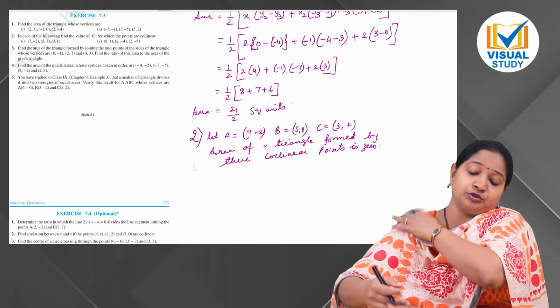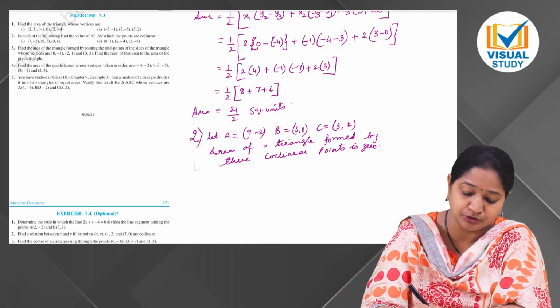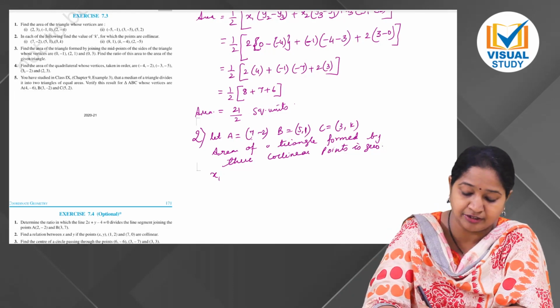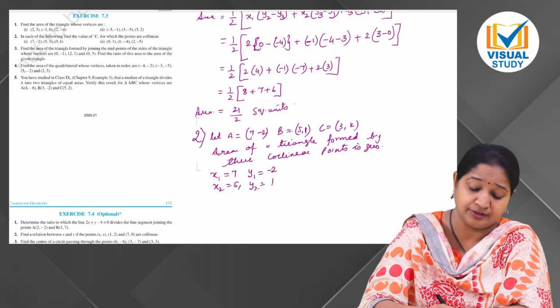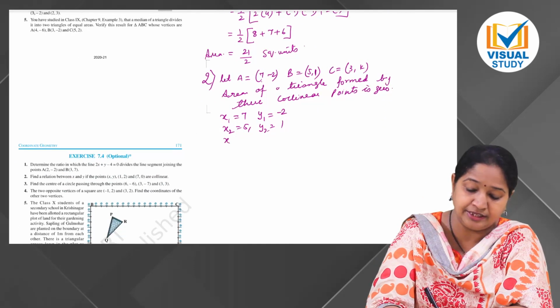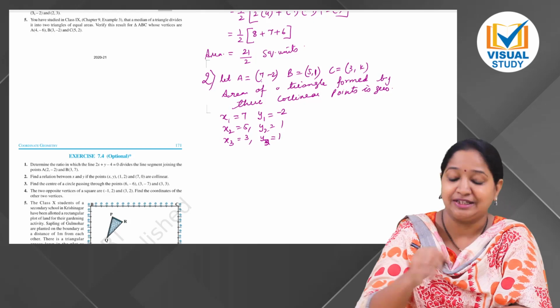And then you can substitute the values, that is x1 equal to 7, y1 is equal to minus 2, x2 is equal to 5, y2 is equal to 1, x3 is equal to 3, and y3 is equal to k.